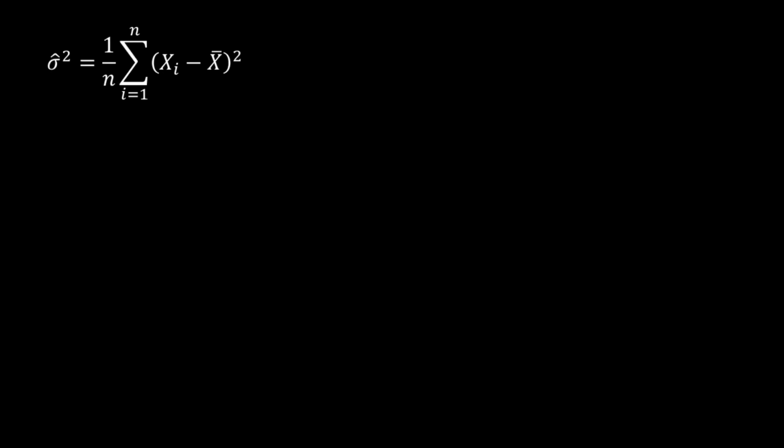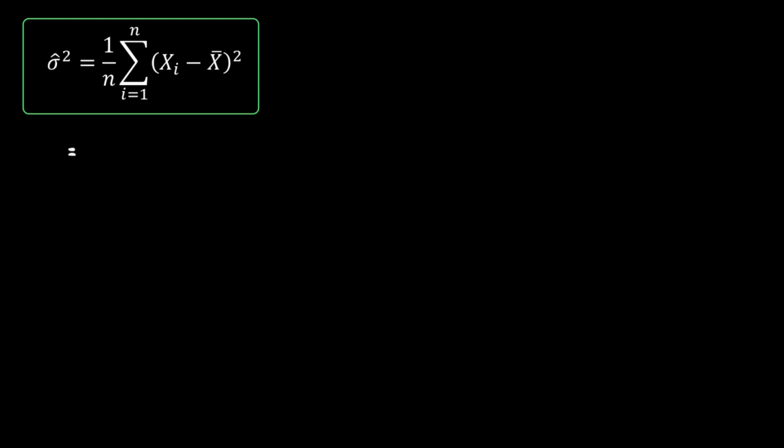Now we want to analyse our estimator sigma hat squared, and we're going to want to take expectations of this in order to analyse whether this is equal to the true population variance of x or not. Now, these sorts of estimators are always quite difficult to deal with because we've got a squared term inside the summation. And a good place to start is to multiply out the brackets so that we can simplify our expression.